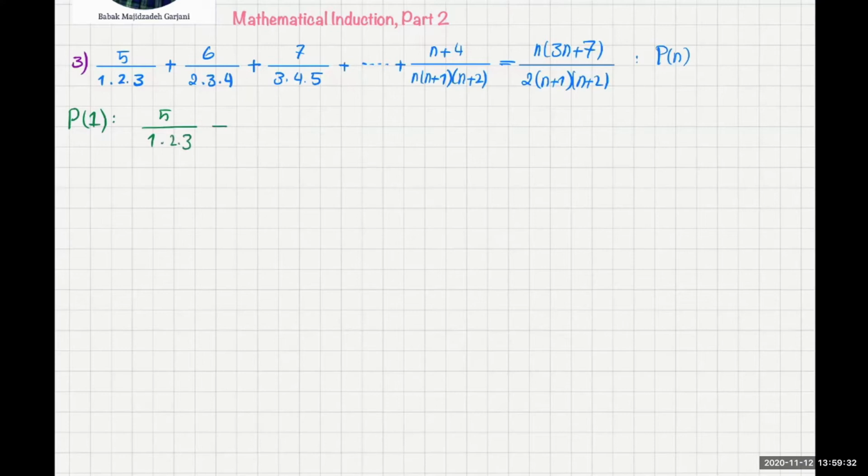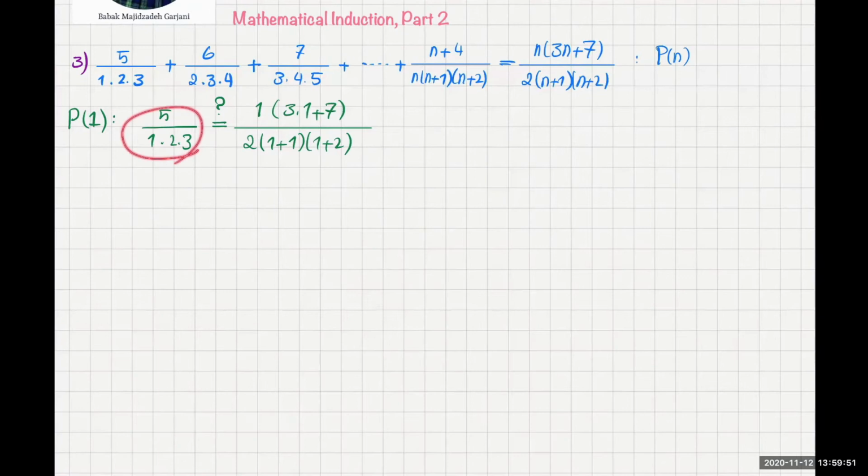Yes? What happens on the right-hand side? So there's a question mark. It becomes 1 times 3 times 1 plus 7 divided by 2 times 1 plus 1, 1 plus 2. But is this true or false? The left-hand side is 5 over 6. The right-hand side, the numerator is 10 times 1, which is 10.